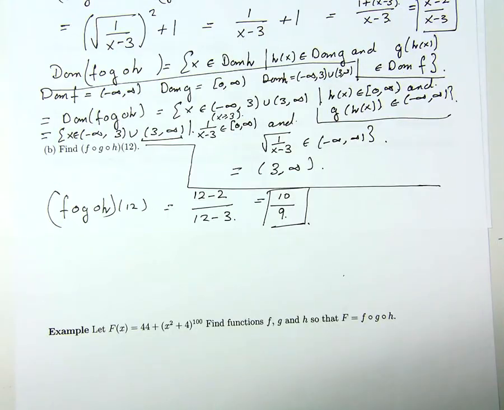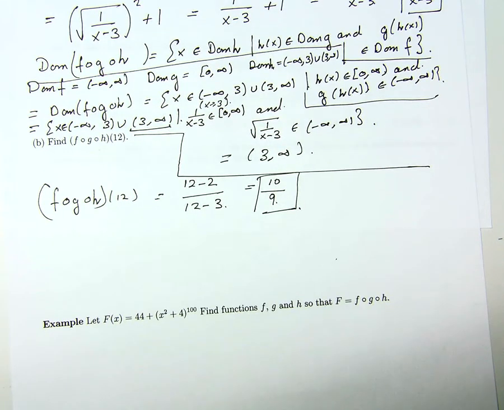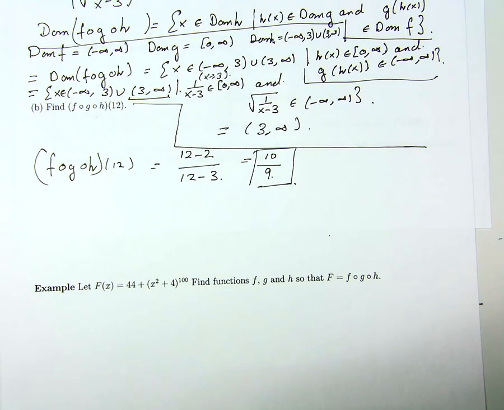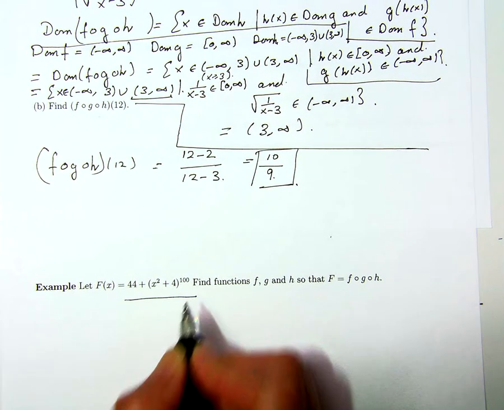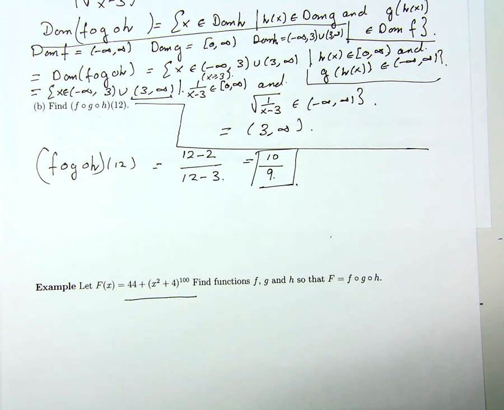Now you may also need to unravel 3 functions that have been applied consecutively when you use the chain rule. So here's an example where you have to find 3 functions, f and g and h, so that their composition is 44 plus x squared plus 4 to the 100.